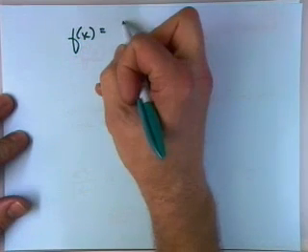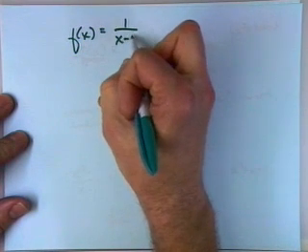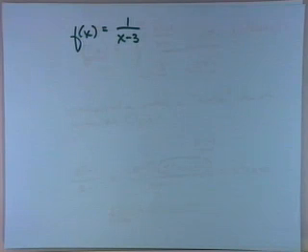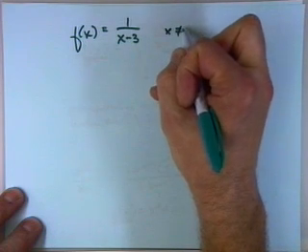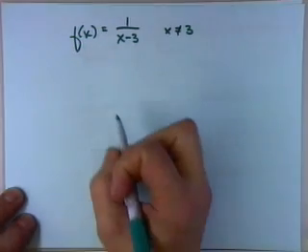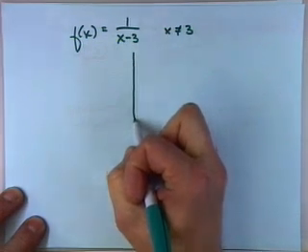Let's take a look at a simple function where the y values are going to infinity. And in fact, where does that happen on this particular picture? X equals 3, right? In fact, isn't 3 a bad value, a value that we can't use at all? So x cannot be 3. So we know what the picture looks like.